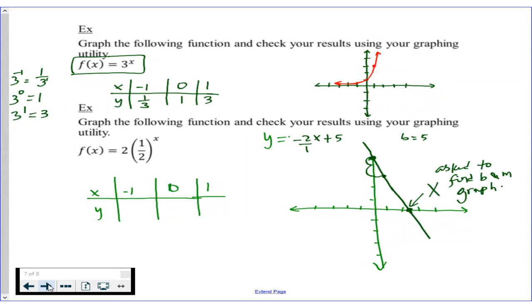I checked what you did. The question says identify the b, which is the y-intercept, then use the slope to graph the function. When you do that, you will not get a decimal. This point is x 0, y 5. This point is 1, 3. So there is no decimal.